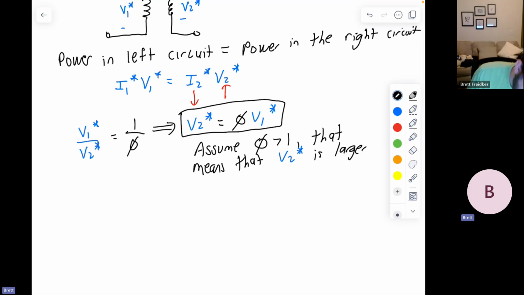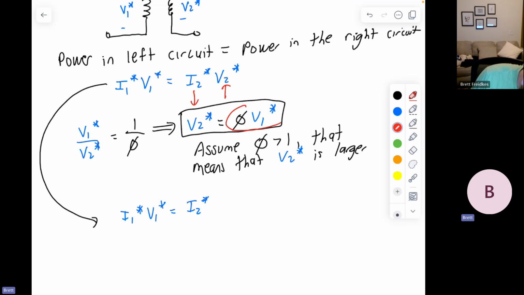And we can prove this a few different ways. We can take that power conservation equation and substitute in what V2 star is, which is phi times V1 star. We just plugged it in from the definition we had before based on the turns ratio.